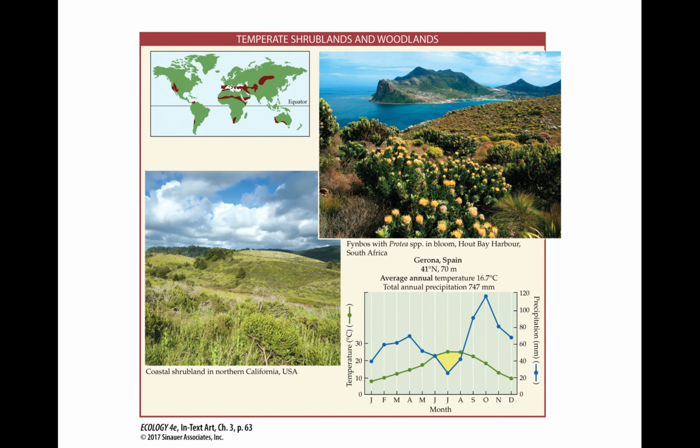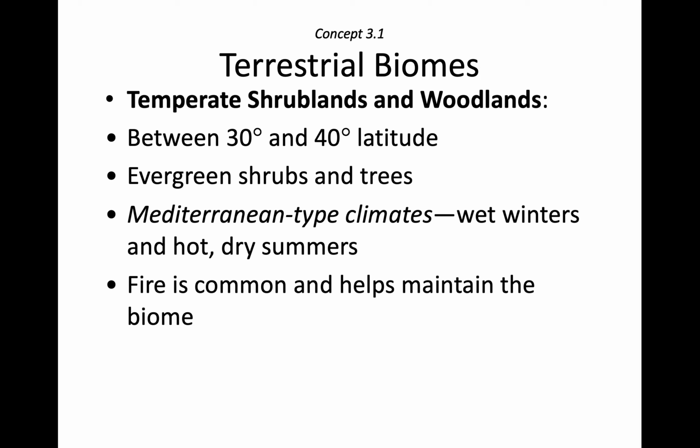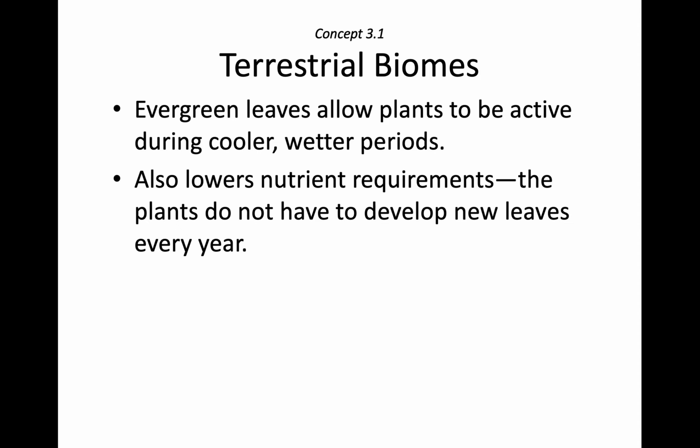So you can see wet winters and hot, dry summers if you're looking at the climate diagram. And I wanted to emphasize that fire is very common in helping to maintain this biome. When we talk about community succession, fire is an agent that comes through and helps reset the vegetation periodically, so it doesn't all just grow up in one direction. It gets cleared out every once in a while.